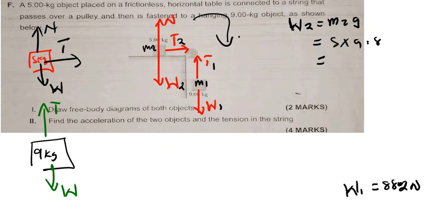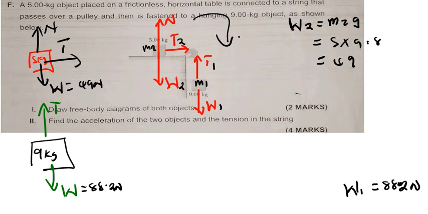So we have 9.8 times 5. That is 49. Definitely, I can clearly see that. I'll put it here. It's 49 newtons. Then this guy is 88.2 newtons.